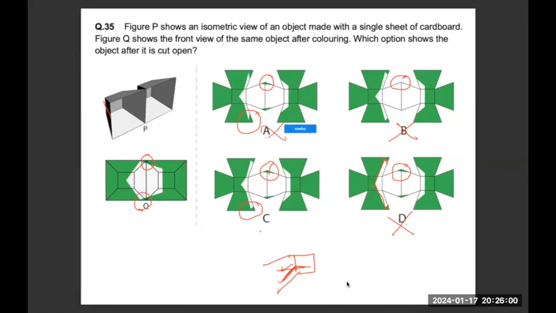So A has a very acute angle, which is not possible. This junction that you see in the plan here is actually an angle. The white part looks like a regular pentagon, so it definitely won't be that acute angle. So A is wrong and C will be the correct answer.